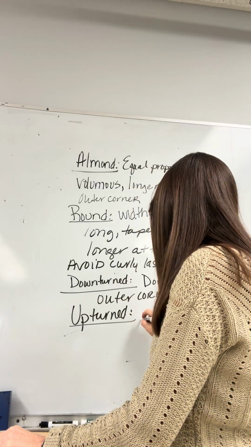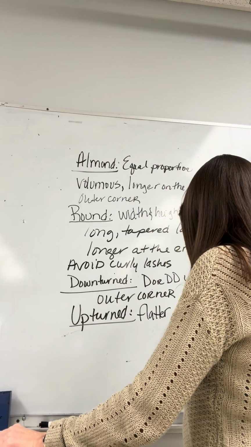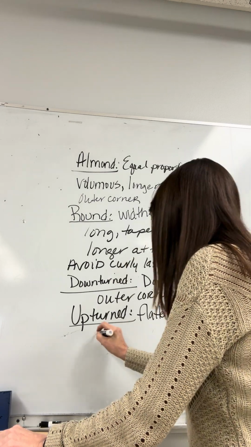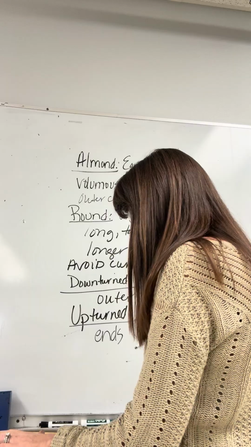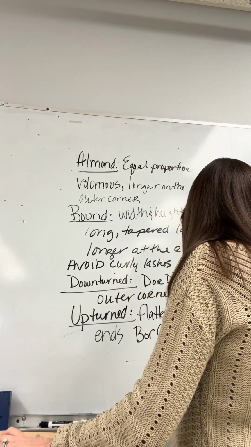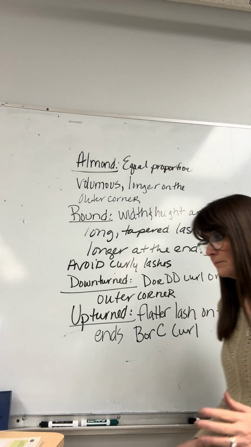I'm going to use a flatter lash on the ends, which to me is the outer corner, and that is a B or C curl. So right now you've already learned something about the curls: the flatter they are, that's B, C; curlier is D, double D, even curlier.